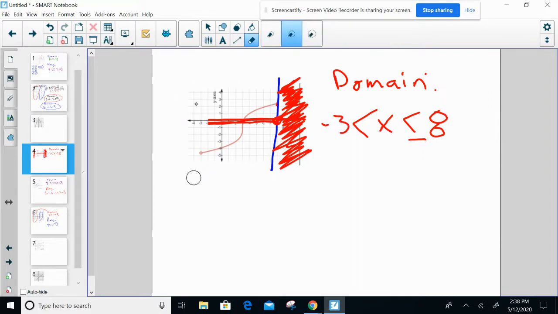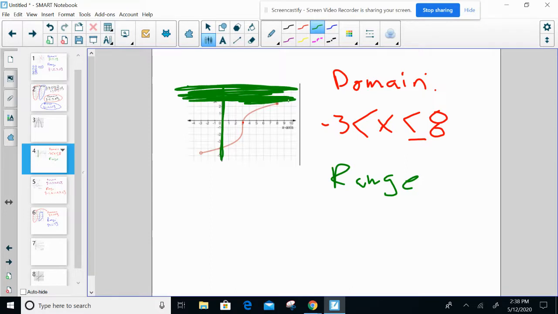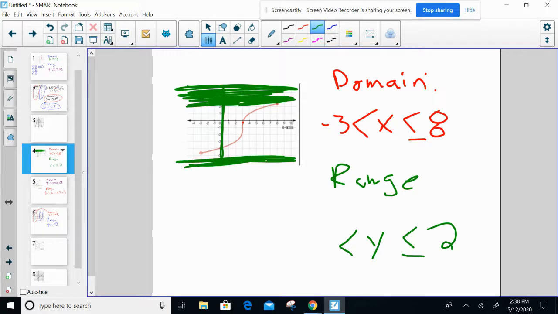So basically, how far over does our graph go, to the left and to the right? That's that right there. Okay, what about for the range? How far up and down on the y? So you can kind of color down to, and I'm just going to say that this is 2, just for the sake of making it easy for you. 2 is our biggest, and it is a solid line, and our smallest, as in how low does our graph go?